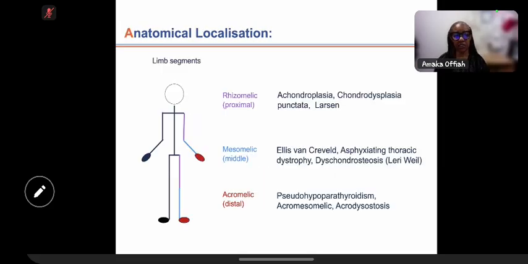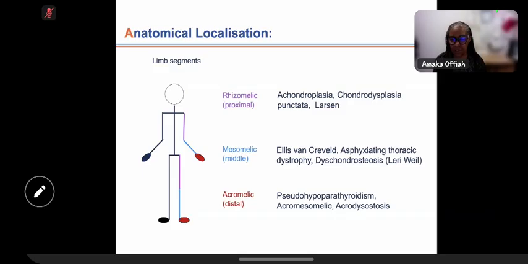So in terms of anatomical localization, one of the questions I had asked in the earlier slides was the meaning of rhizomelic, mesomelic, and acromelic. And you can see here that rhizomelic, rhizo means the root, so humerus and femur, the proximal segments. And the commonest, so we talked about 771 conditions in the nosology.